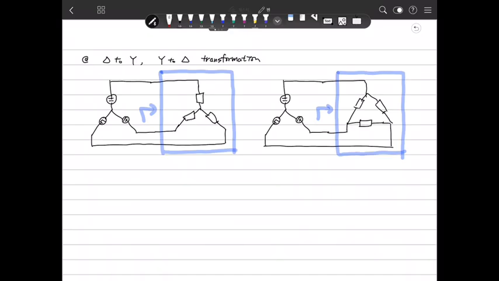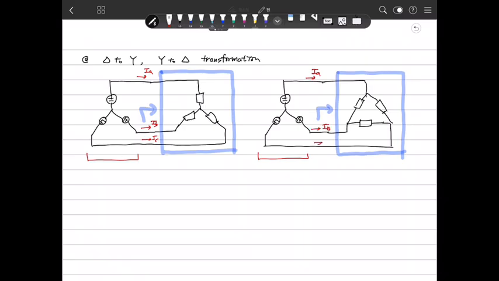If the same source, then current, we have current here, IA, IB, IC.